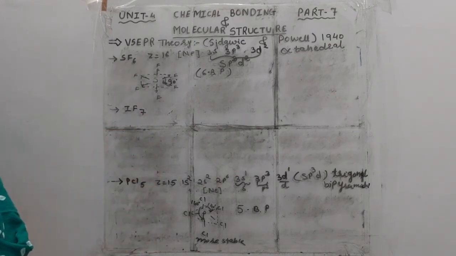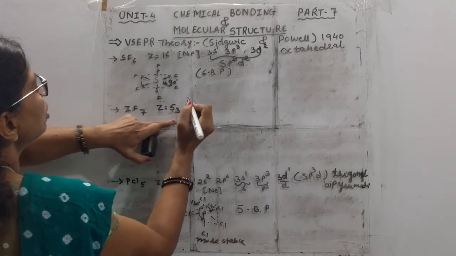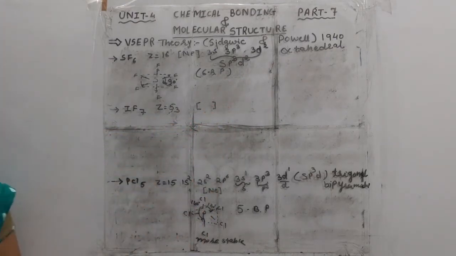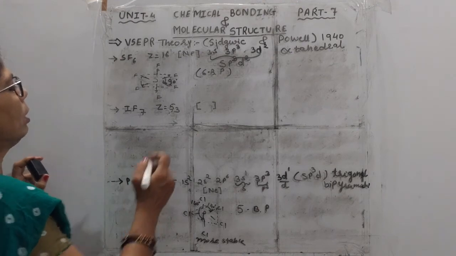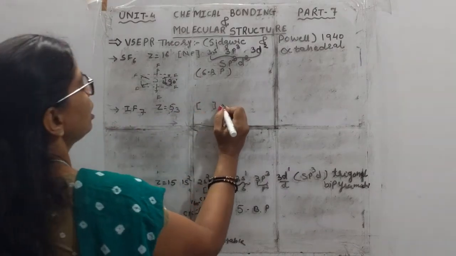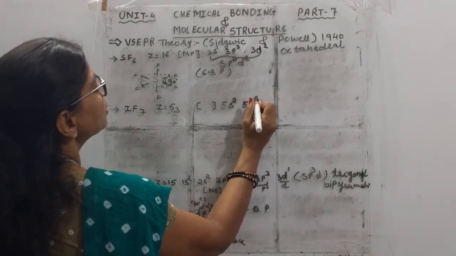Iodine and fluorine both are of the same group element, students. So the iodine is having, as we know, the Z is 53. So we'll just write the nearby noble gas configuration. So here we'll get 5s2 and np5, means 5p5.